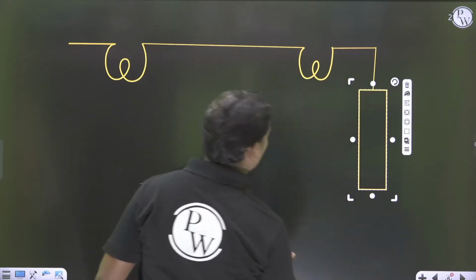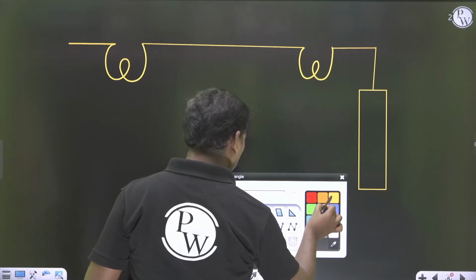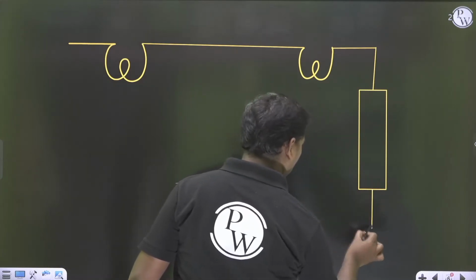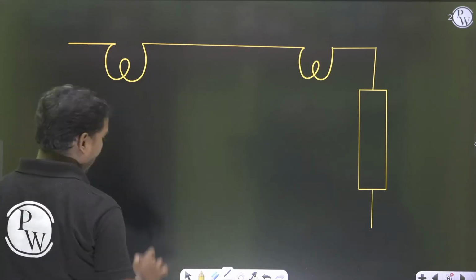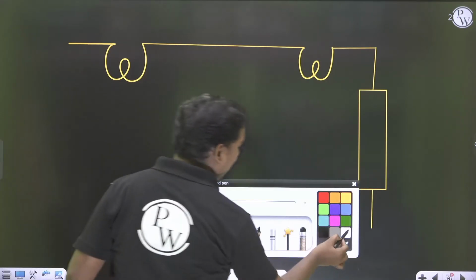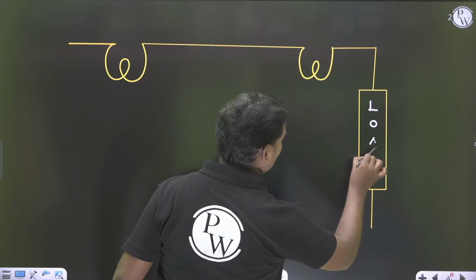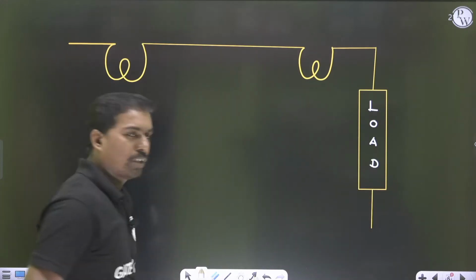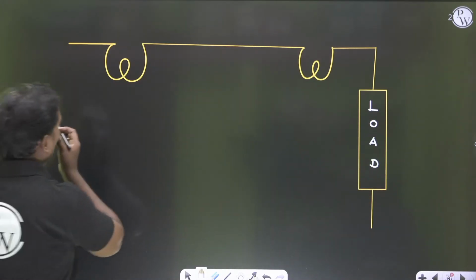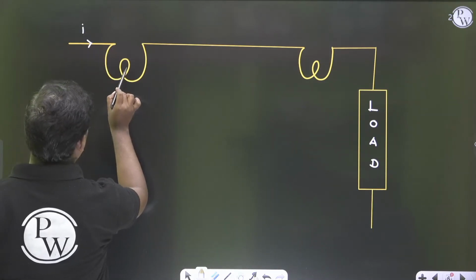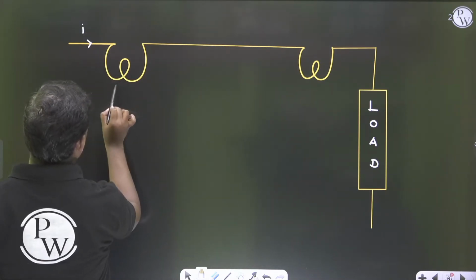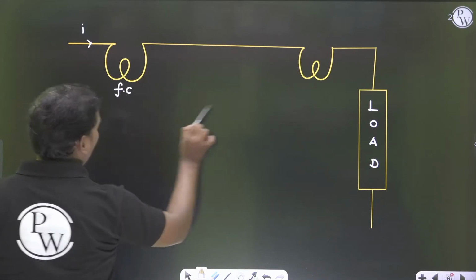The load. Okay, so now just imagine here. Let me explain the diagrammatical feature, because if you understand the constructional features, automatically you can understand the derivation part. Now this is the fixed coil and this is the fixed coil.